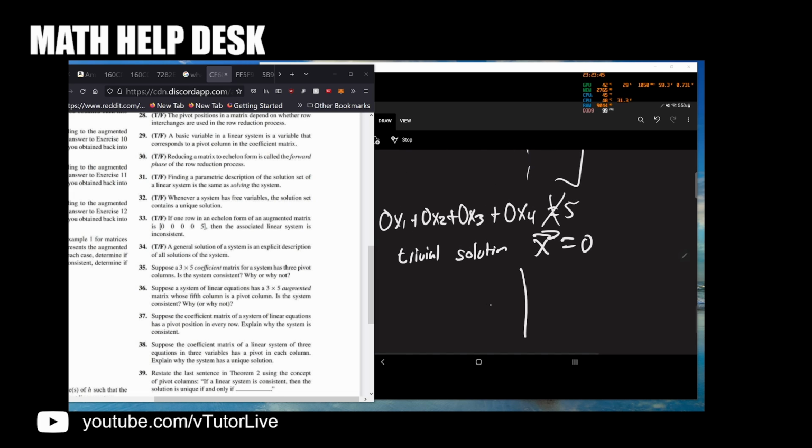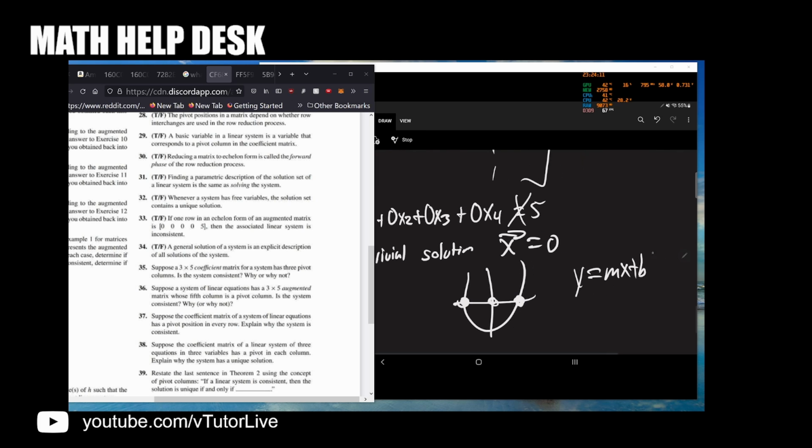Like you might be trying to find the roots of a parabola, the points x that map to values of y that are zero, right? Linear algebra is actually quite similar. It's just in higher dimension, and things have to go through the origin. Whereas in regular algebra we're allowed to have y equals mx plus b, in linear algebra you can't have the plus b.